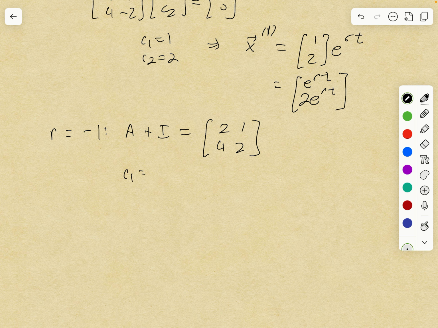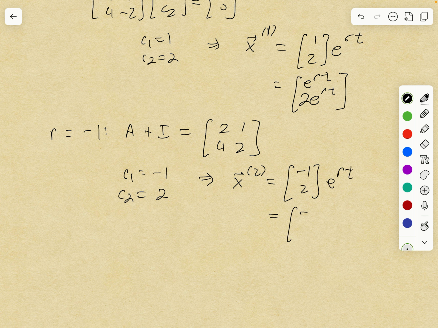We can just take c1 to be negative 1, c2 to be 2. That gives me a second solution, x superscript 2, which is (negative 1, 2) e to the rt, that's just (negative e to the rt, 2 e to the rt).